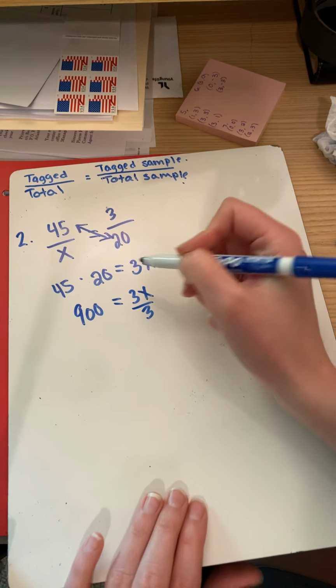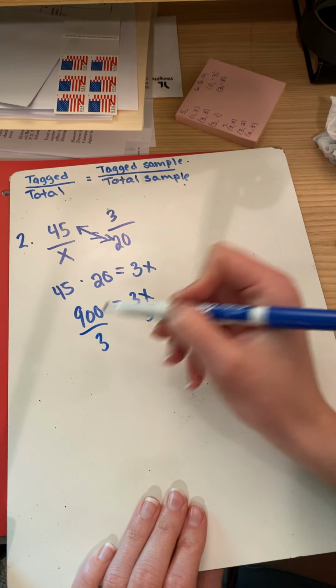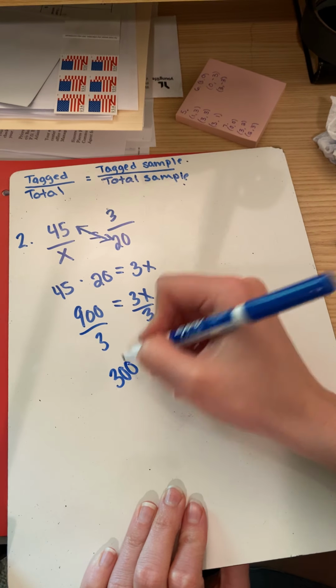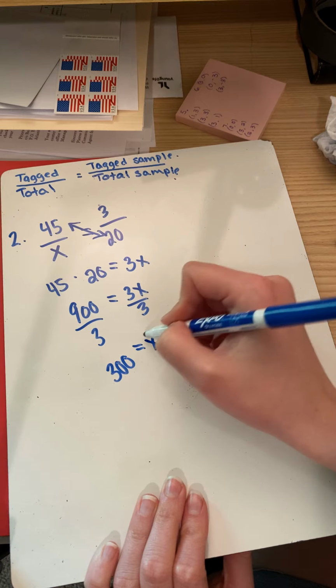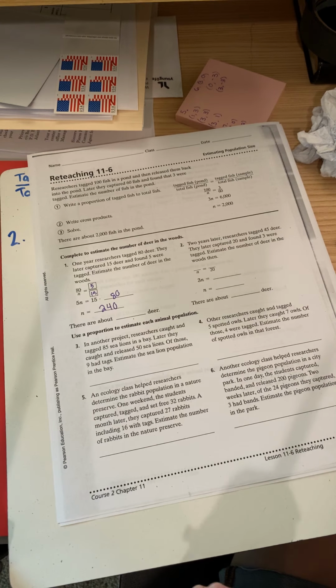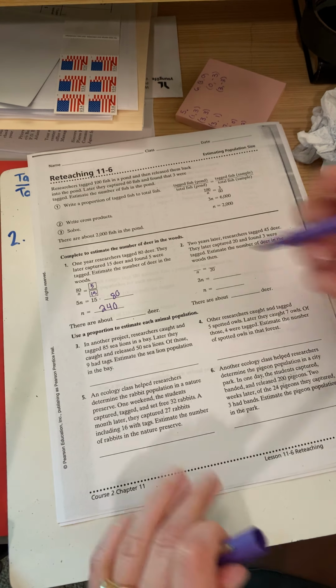Divide by 3 to get x by itself. 900 divided by 3 is 300. 300 is equal to x. So now we can say the population of deer has risen from 240 to 300.